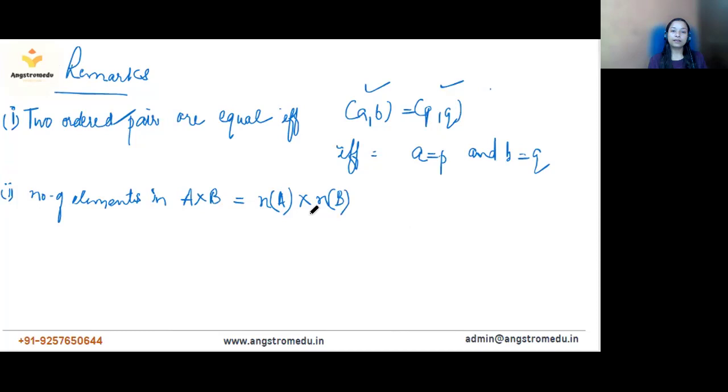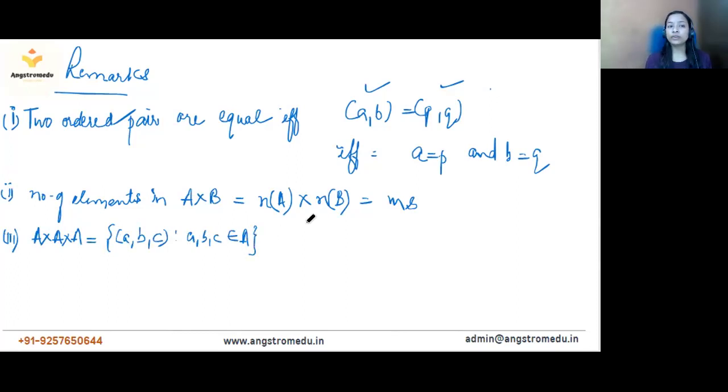Let's say the number of elements in A is n and the number of elements in B is s. So this is n into s. The third one is, if you are taking the Cartesian product of three sets, then the ordered pair looks something like (a, b, c), where a, b, and c all belong to A. I said that the sets can be the same or different.